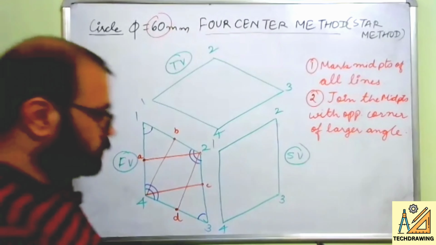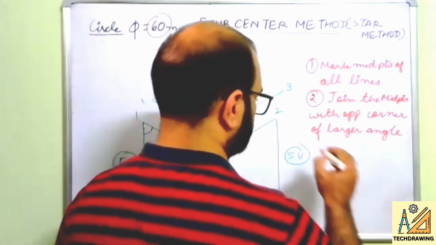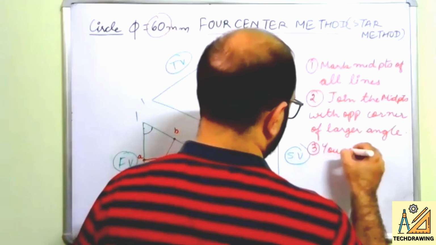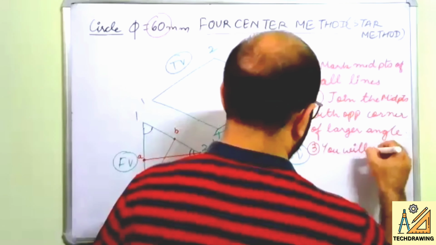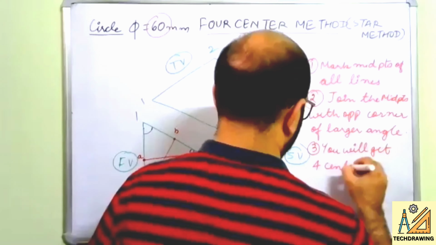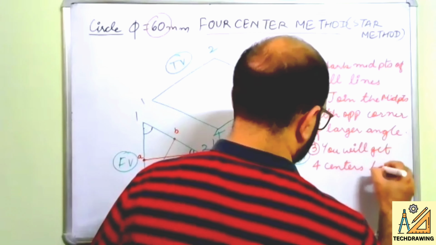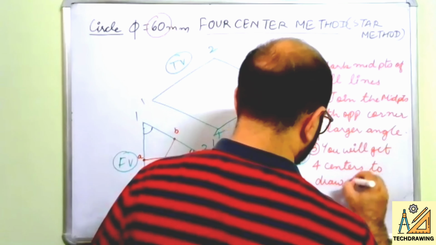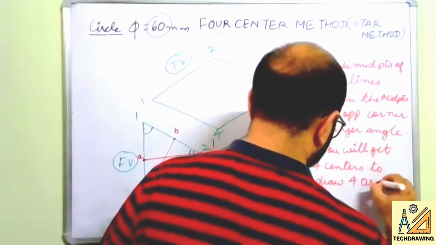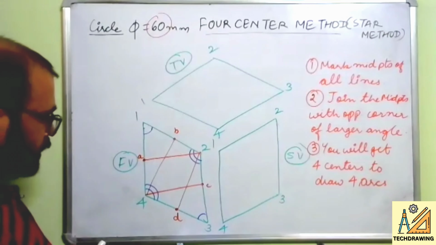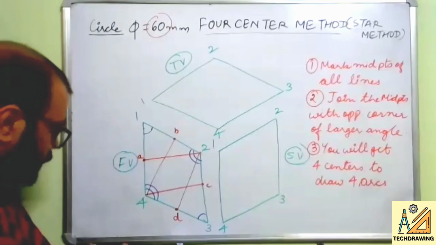Now, third, you will get 4 centers to draw 4 arcs. So what are those 4 centers that you have got?